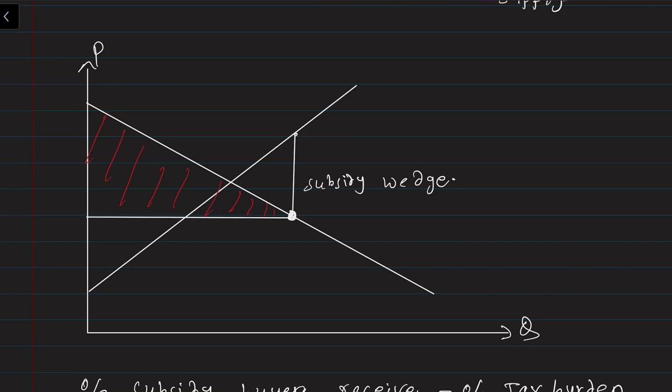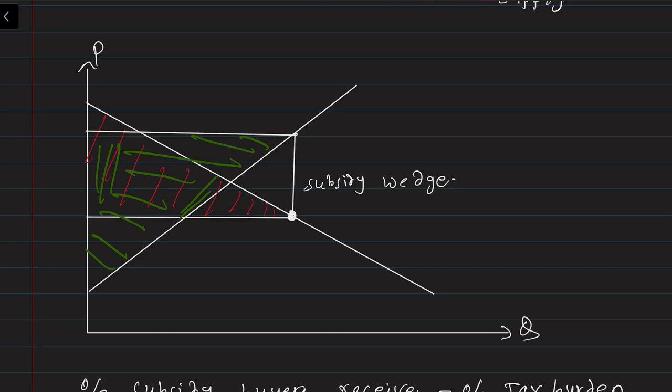All right, now what is producer surplus? Producer surplus is the area above the supply curve and below the effective price received by sellers. So this is the price received by sellers, and this whole area is going to be our producer surplus.